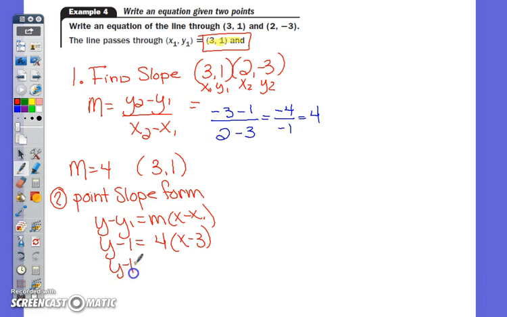Distribute, so y minus 1 equals 4 times x is 4x. 4 times negative 3 is negative 12. We add the 1, and y equals 4x minus 11. So here is our equation of the line. So first you have to find the slope, then you have to use the point they gave you, and then you have to plug into point slope form and solve.